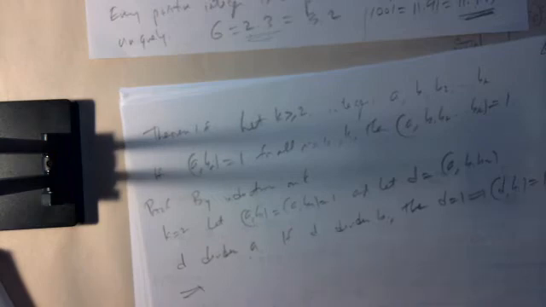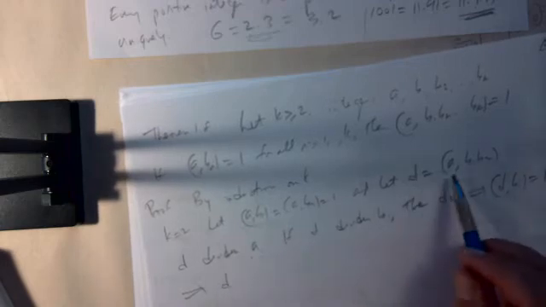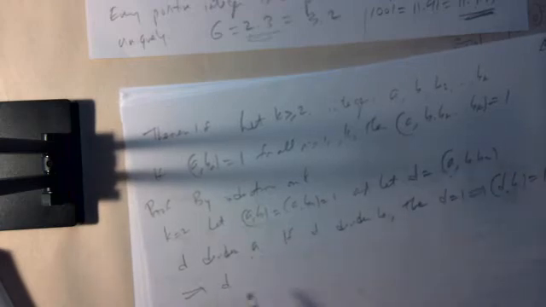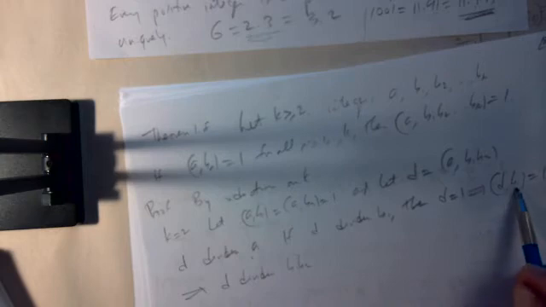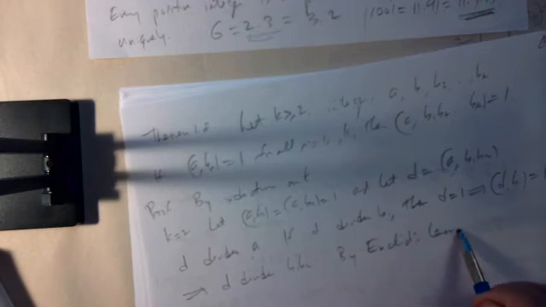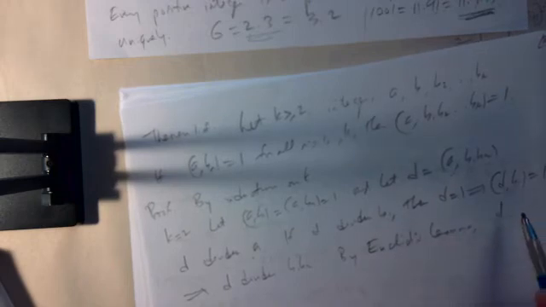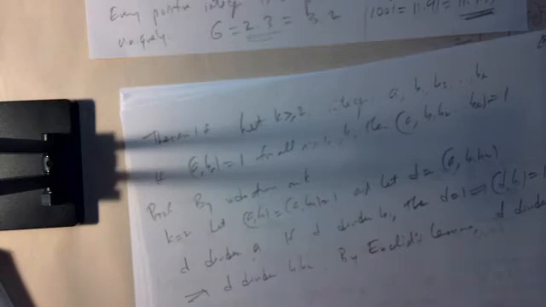So what do we know? We're told that D is the greatest common divisor of A and B1 B2. So D divides B1 B2. D is relatively prime to B1. So by Euclid's lemma, D divides B2.